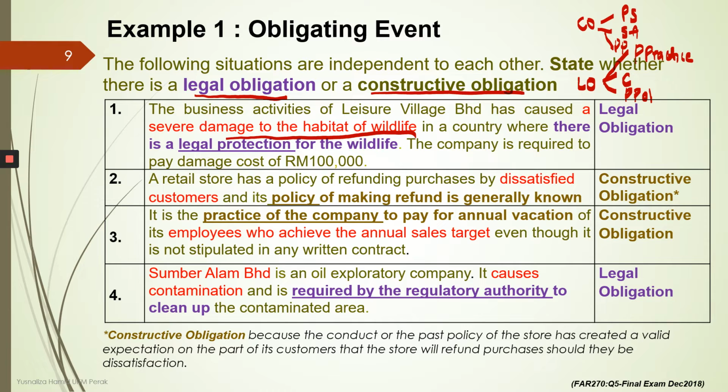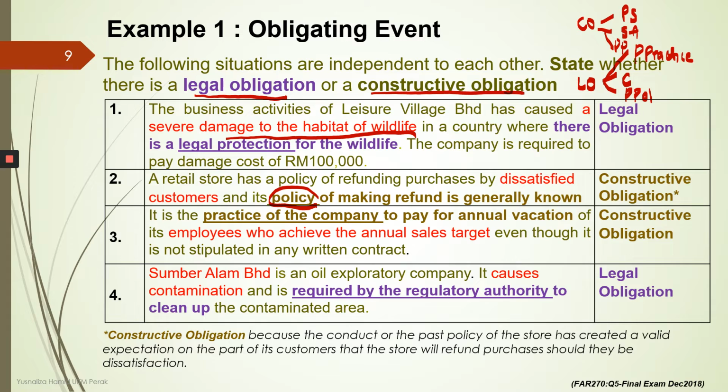Second one, a retail store has a policy of refunding purchases by dissatisfied customers. For customers that are dissatisfied with a purchase made earlier, the company is well known for its policy of making refunds. Remember I told you earlier about published policy for the constructive obligation, right? So the word policy here refers to the constructive obligation.